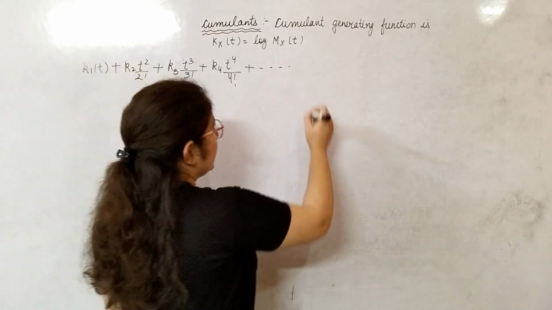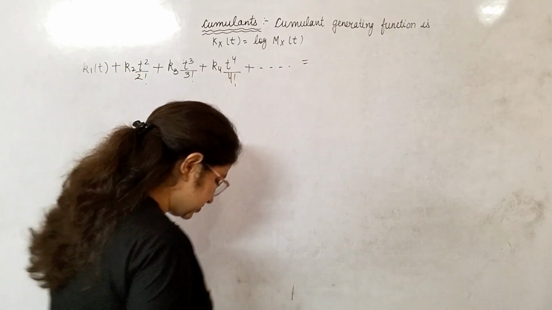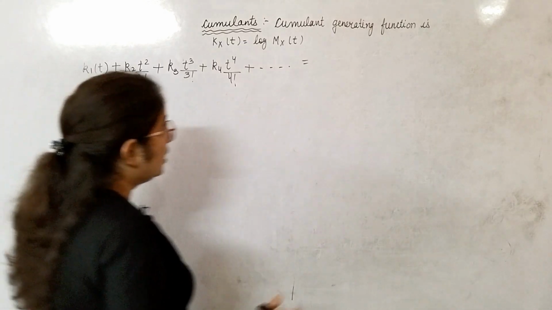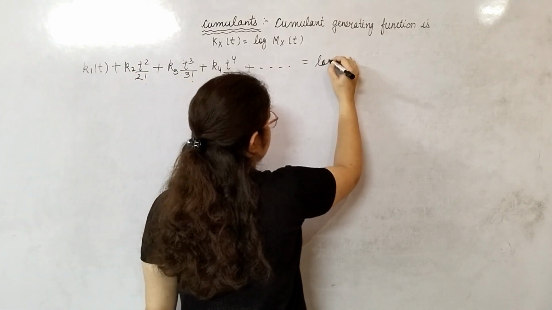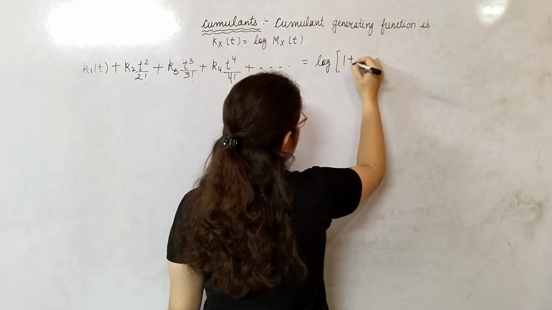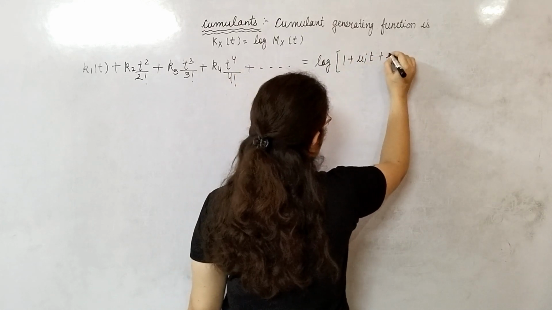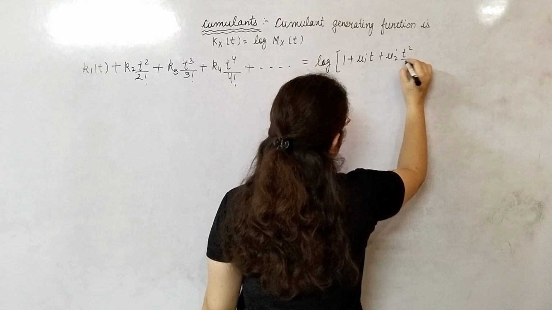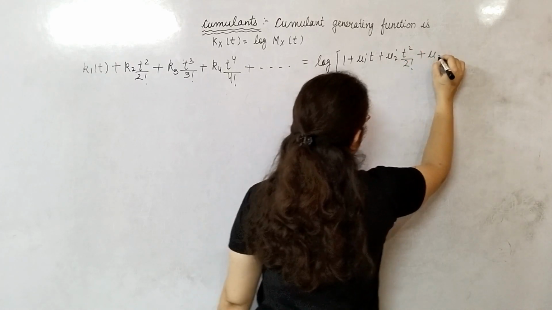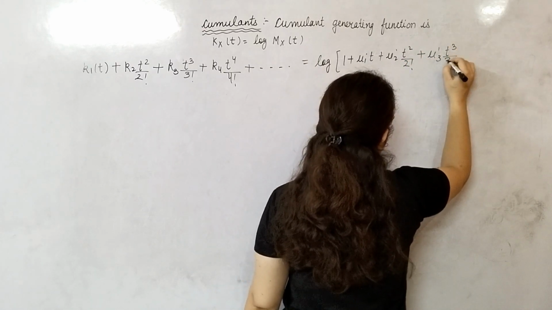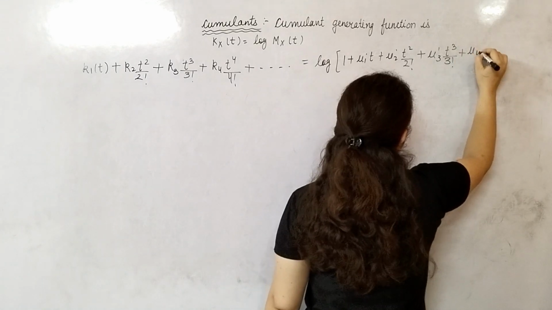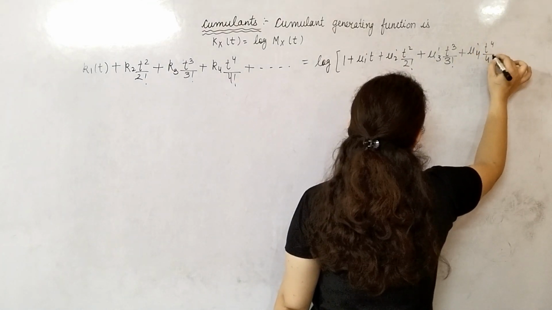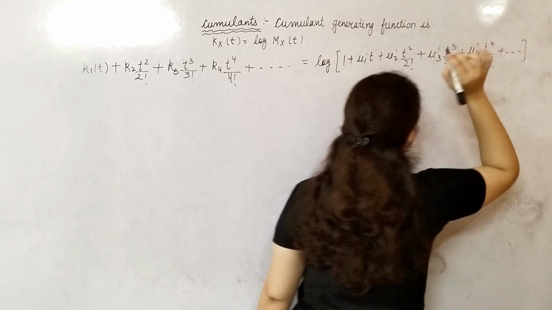On the right side is log of M_X(t). How will I find this? See, what is M_X(t) by definition? Your M_X(t) function is 1 plus mu1 dash t plus mu2 dash t square by 2 factorial plus mu3 dash t cube by 3 factorial plus mu4 dash t to the power 4 by 4 factorial and so on.